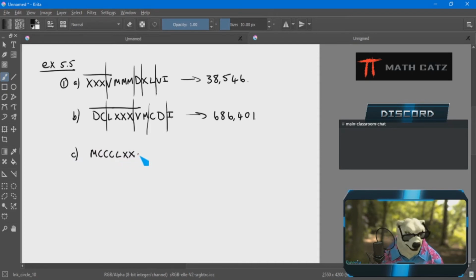M, C, C, C, L, X, X. Those have a line over it. Then I have an M without a line. That's an ugly M. I apologize. Then I have a V with a line over it. Then I have a D, X, I, X. Whew. All right. I'm not going to start writing this down, I'll probably make a mistake. I'm going to separate the decimal places.